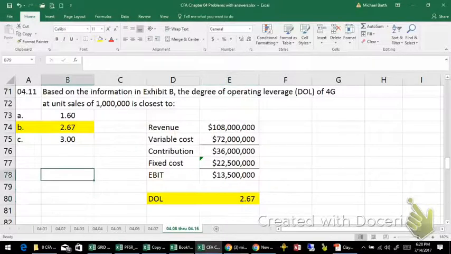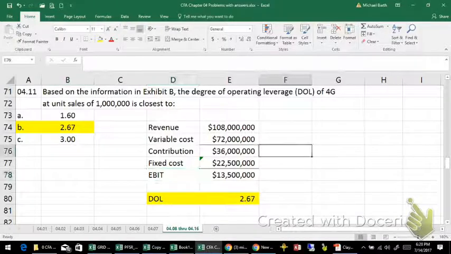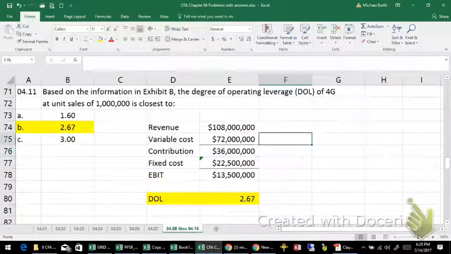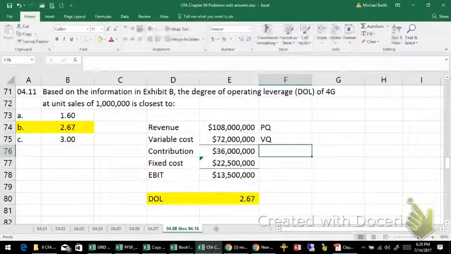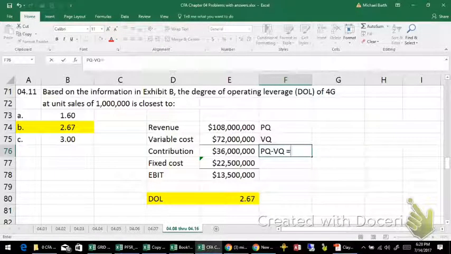We could also just use the formula. If this is price times quantity and this is variable cost per unit times quantity, then the contribution is PQ minus VQ, which would also be equal to quantity times the price per unit minus the variable operating cost per unit.